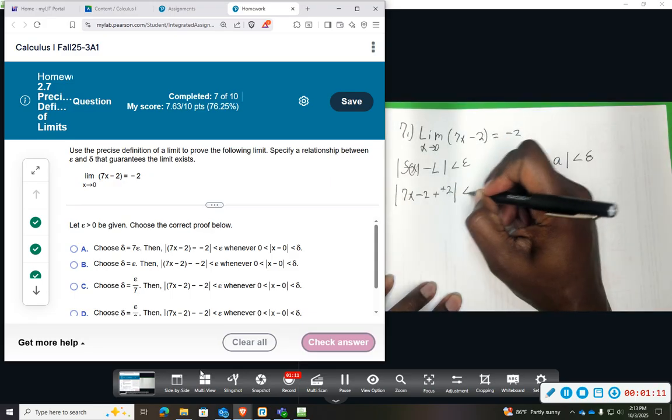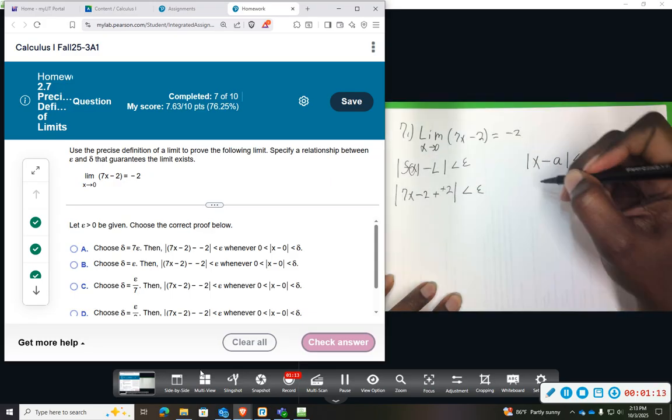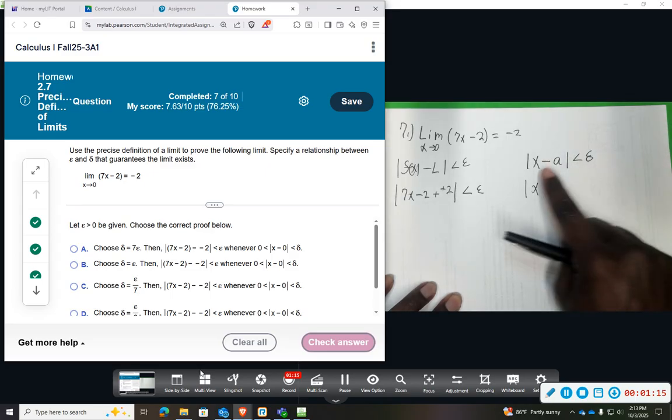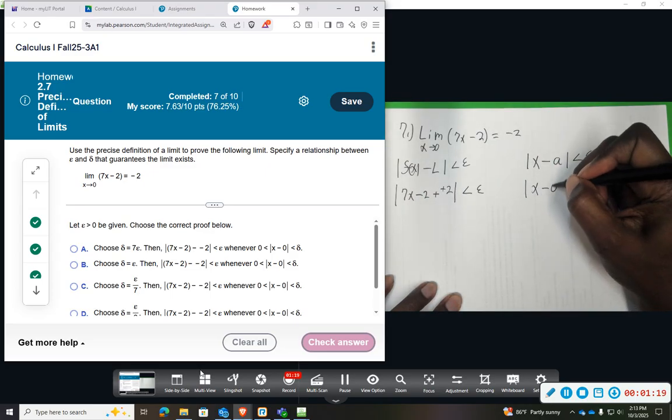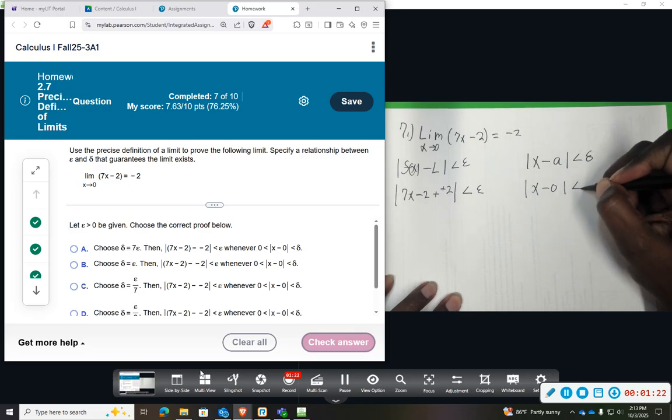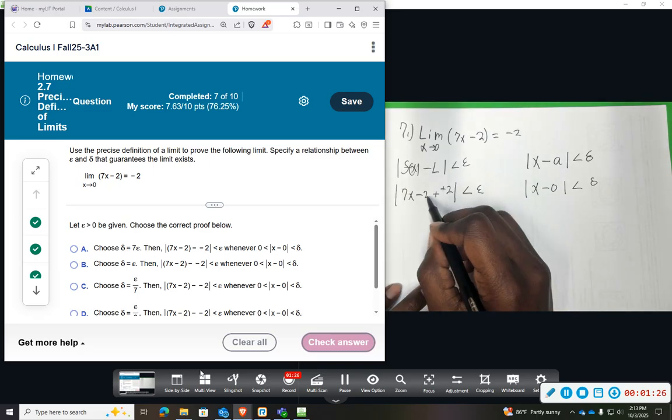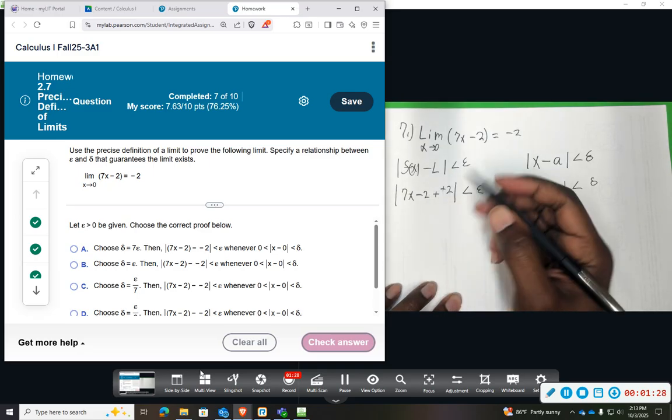It's going to be less than epsilon whenever |x minus a|, and our a value is the value that we're approaching of our limit, so |x minus 0| is going to be less than delta. Here we have a +2 and a -2, so they will cancel each other out.